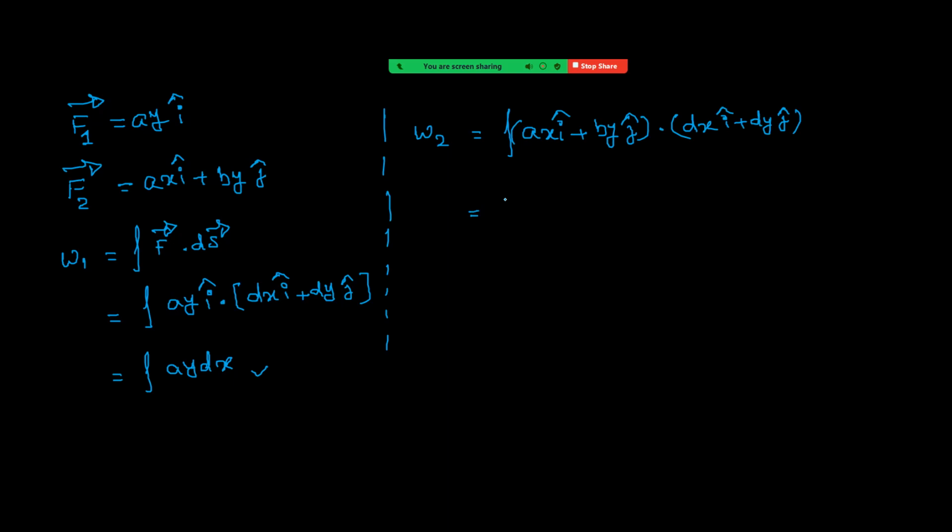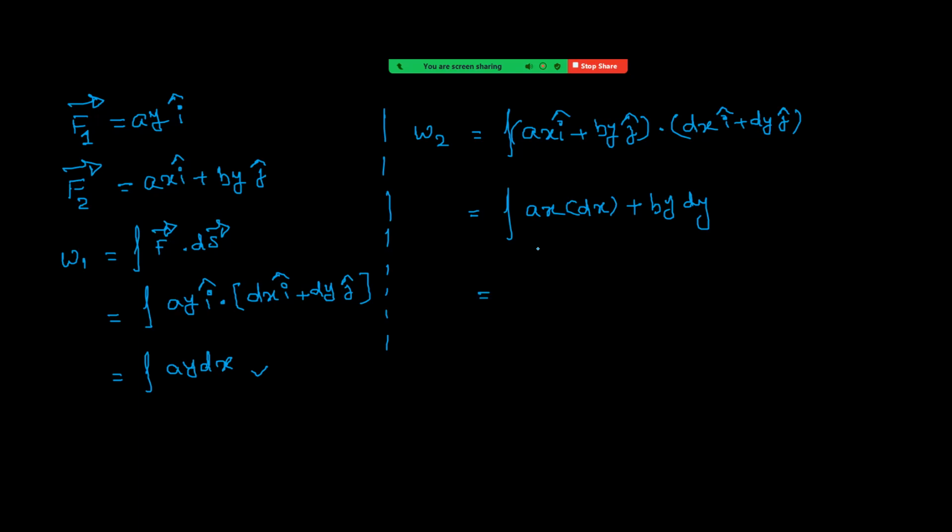Now simplify this. It becomes Ax dx, because i cap dot i cap is 1, and next By dy, because j cap dot j cap is 1.